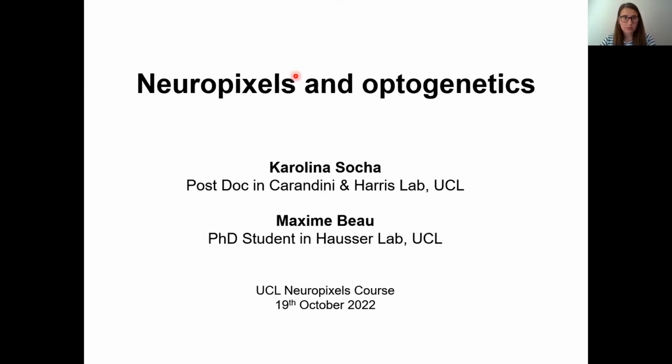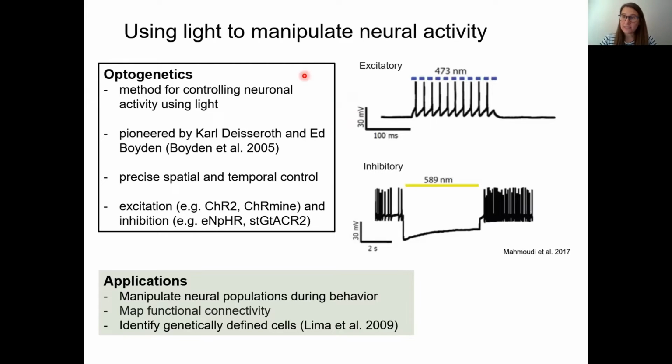So this is just a quick introduction of the technique that we are talking about. Optogenetics is a method for controlling neuronal activity using light. It was pioneered by Karl Deisseroth and Ed Boyden, and allows for very precise spatial and temporal control of neuronal activity.